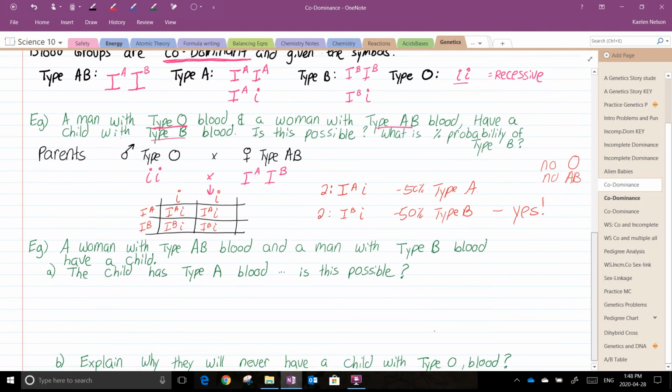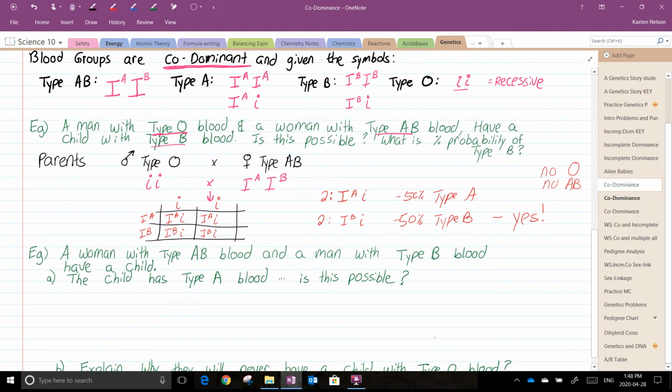And I've got a second question on blood typing. We have a woman with type AB blood and a man with type B blood. They have a child that's type A. Is this possible? So I know in my parents, the woman is AB, so she has to have, let's do this in red, that's the symbol for woman, she has to have both a capital A and a capital B gene.